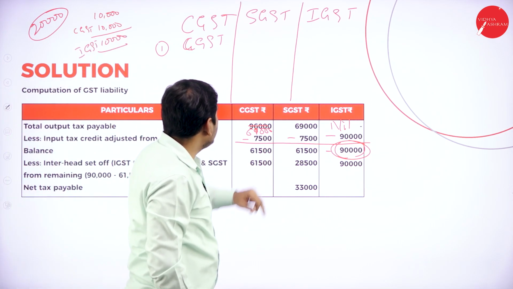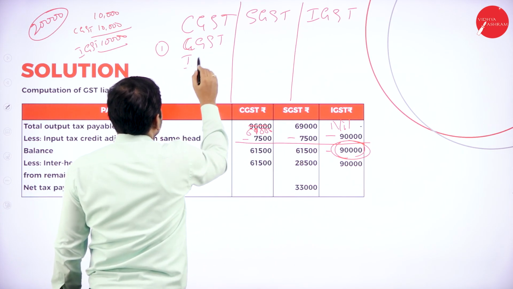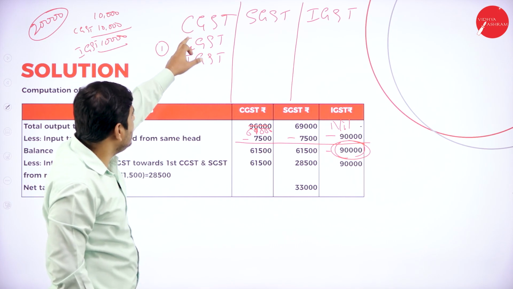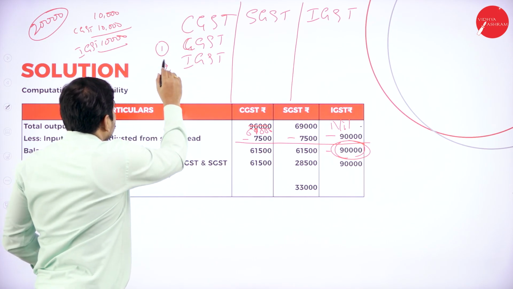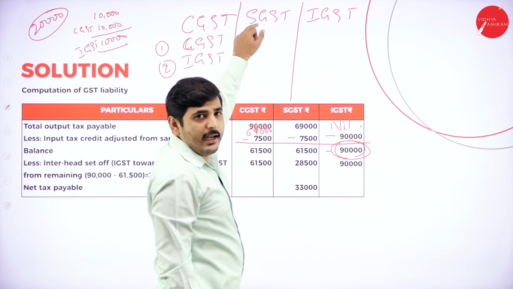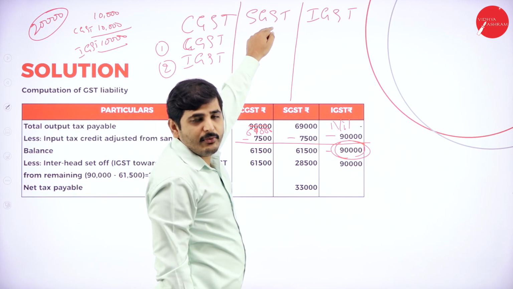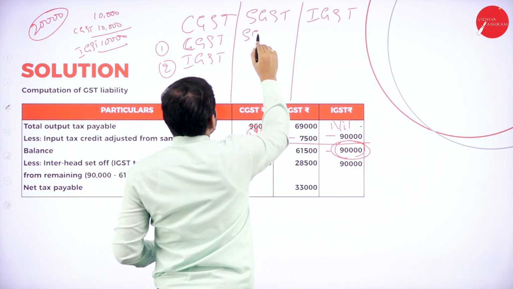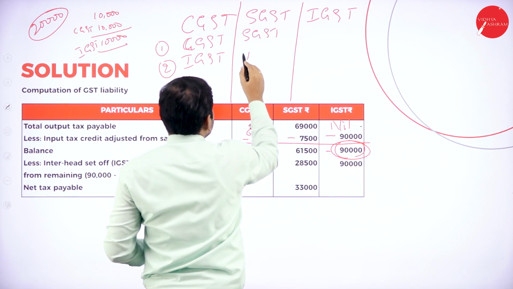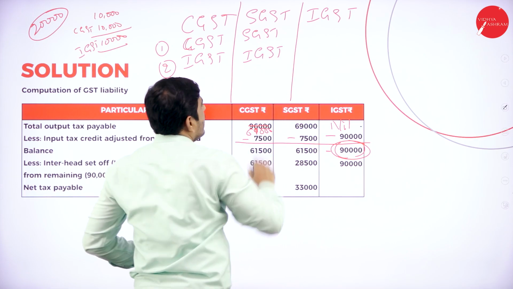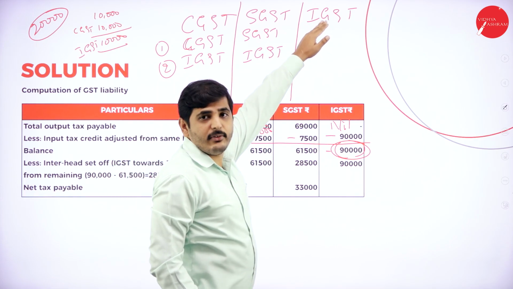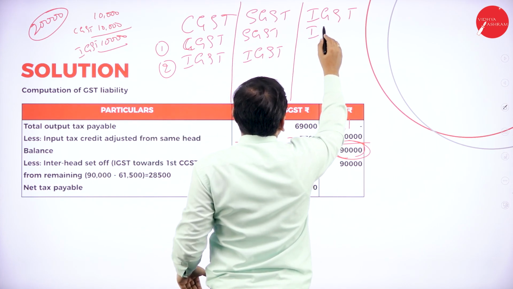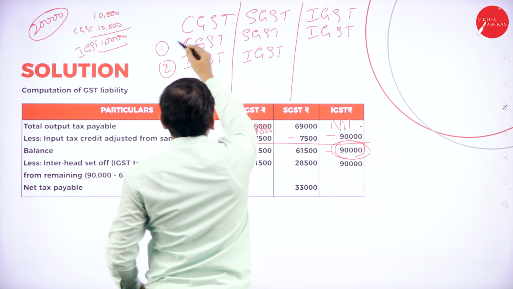Again, come to the SGST. We can go for IGST here. So excess amount: first utilize for CGST, then go for IGST. Second one, any credit available under SGST, utilize for SGST first, then go for IGST. Next one, in IGST, any excess credit available, first utilize for IGST only, then go for CGST.